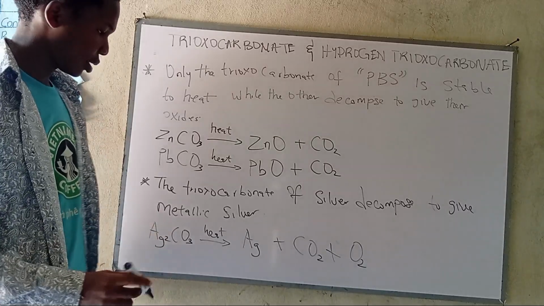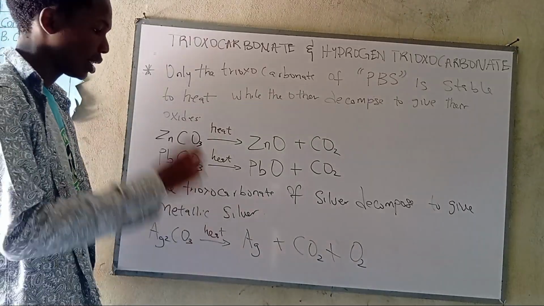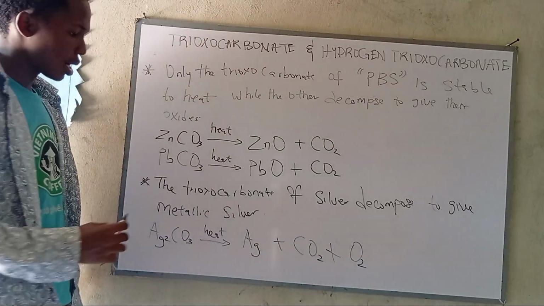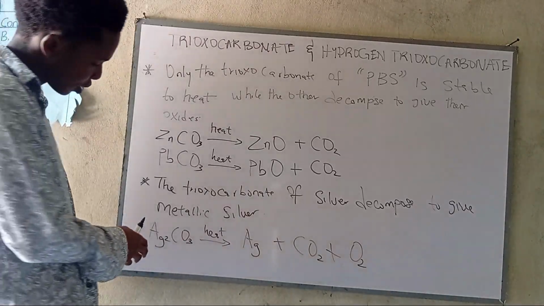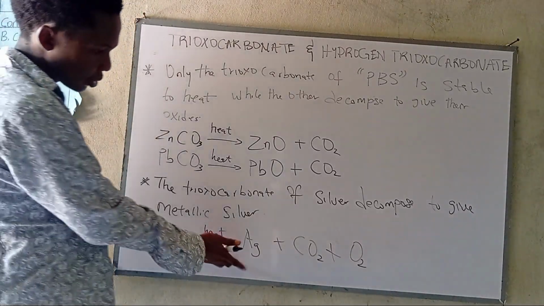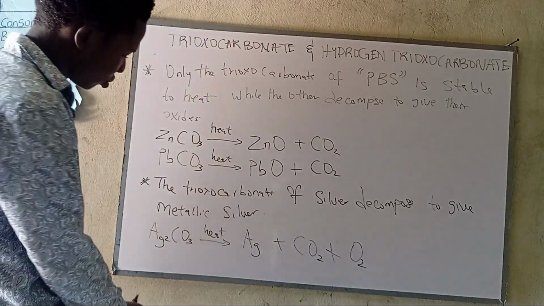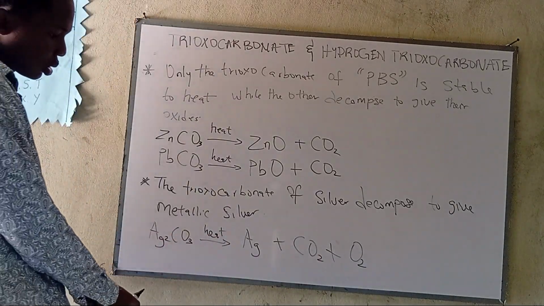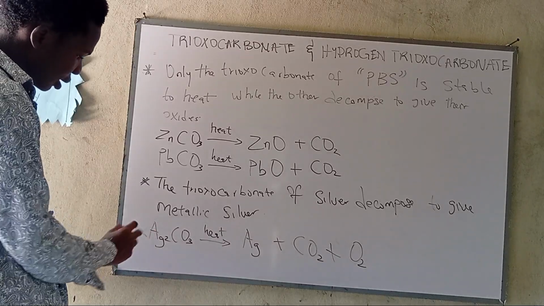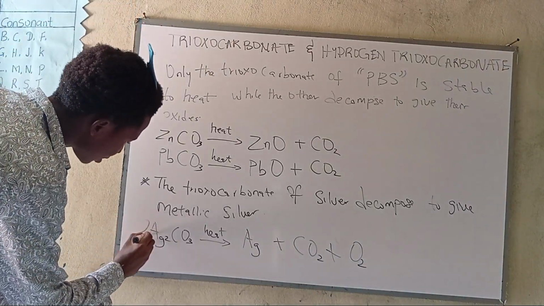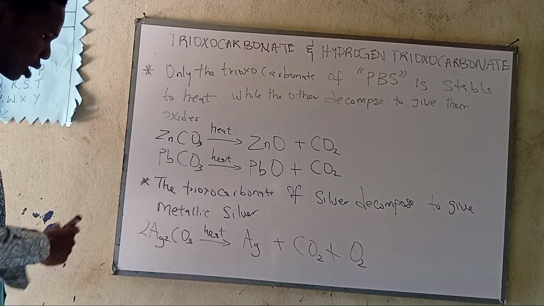From the look of things, this equation is not yet balanced. Let's make this oxygen 6 by putting 2 here.